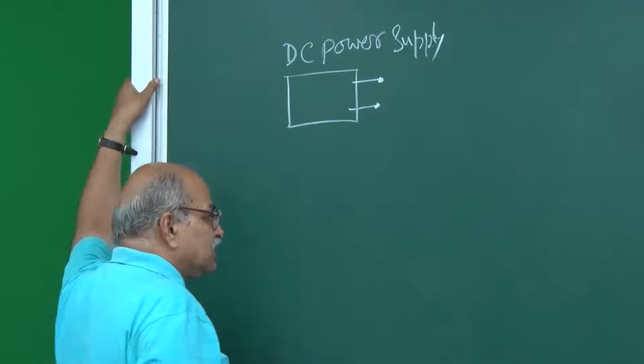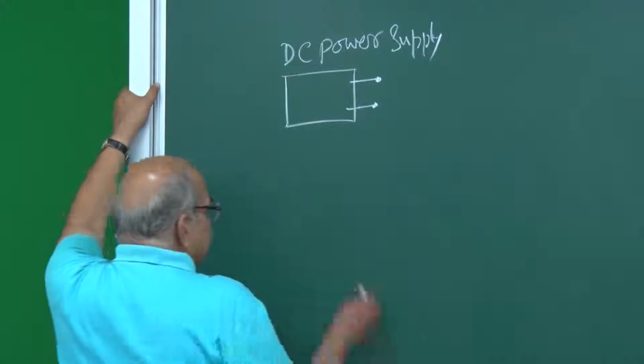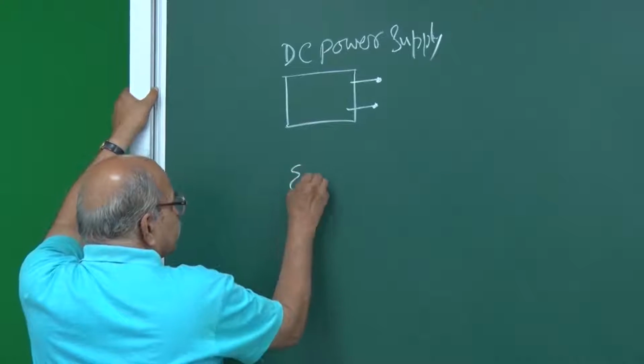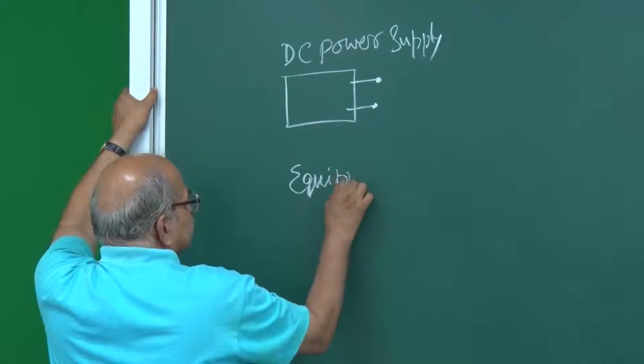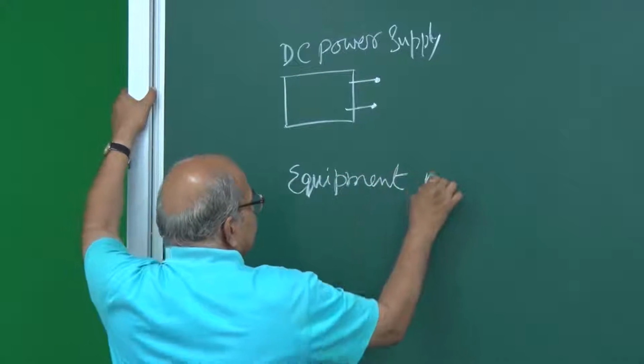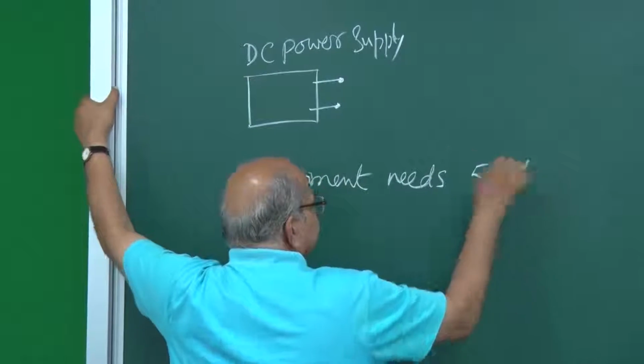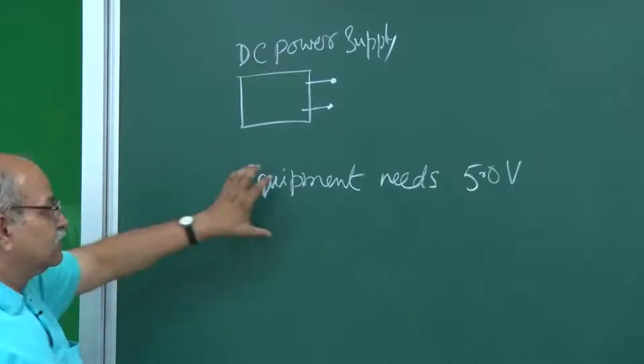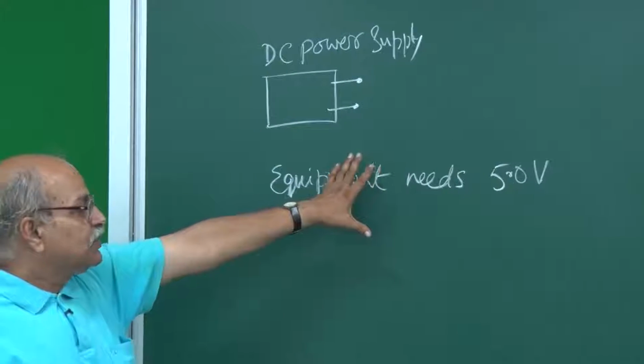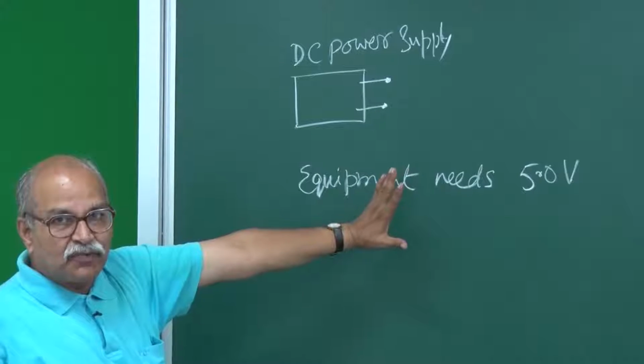Suppose I have some equipment which needs 5.0 volt, not less, not more.